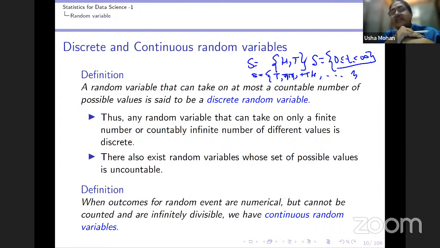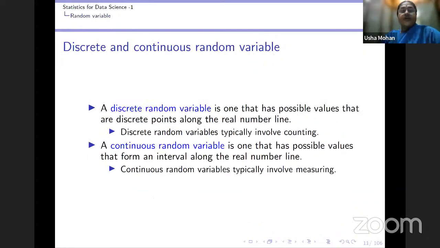So discrete is a count, continuous is a measure. A discrete random variable will typically involve counting, and a continuous random variable typically involves measuring.